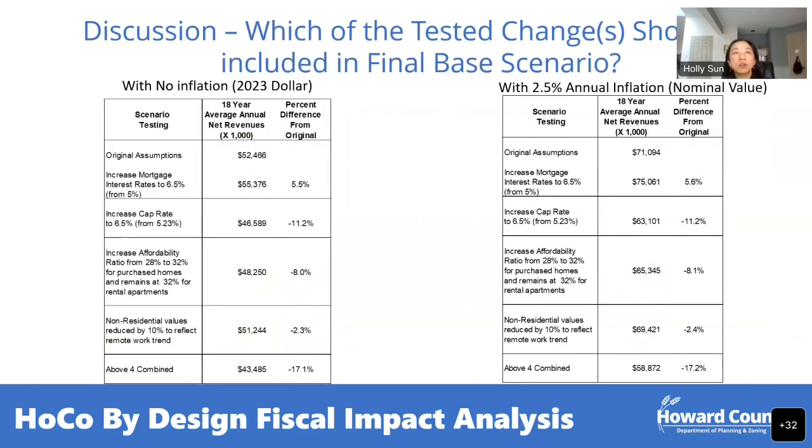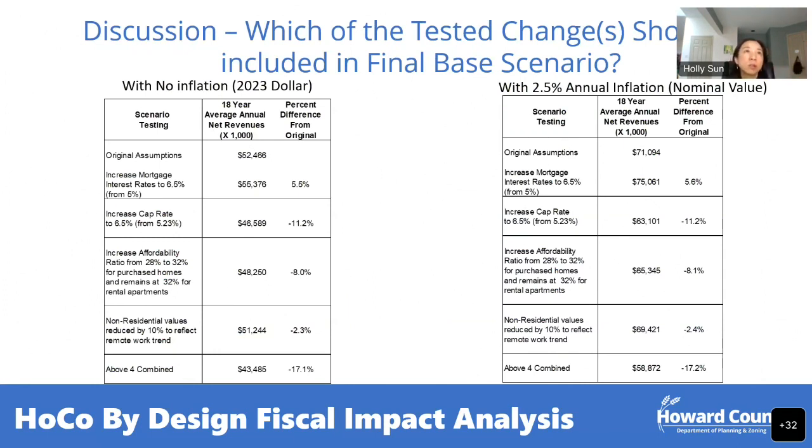As Jeff already mentioned earlier, there were 4 major scenario tests conducted, and results are here. So I want to open for discussion, and 2 of them, like the mortgage rates as well as the cap rate there, the original model was reflecting the information at that point, probably several months ago, and these new scenarios reflect more updated information, and to some extent also still match the long-term trend.